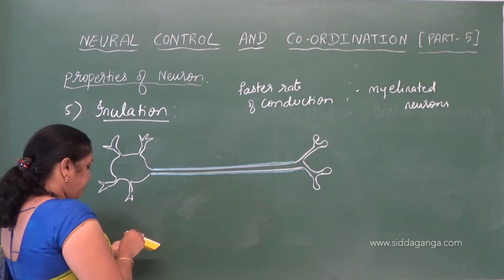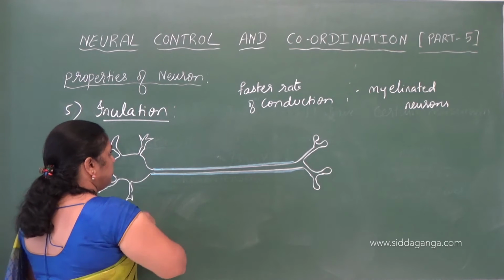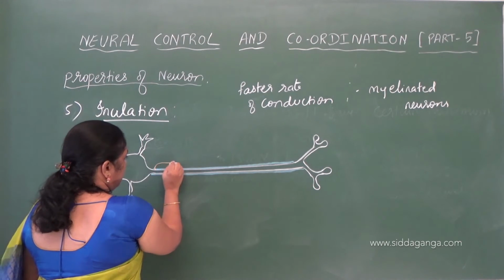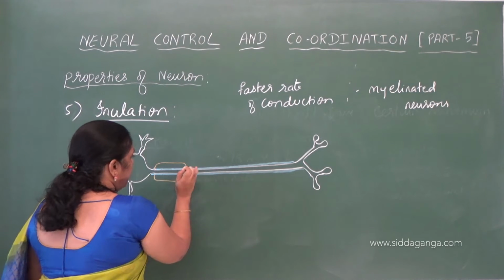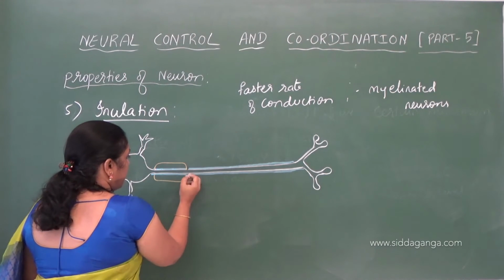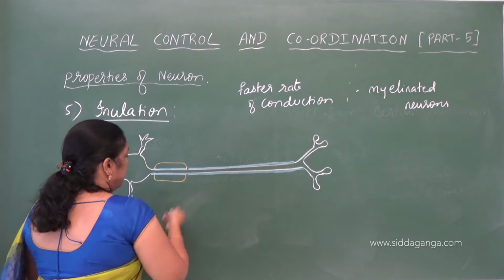See, this myelin sheath is interrupted by Schwann cells.